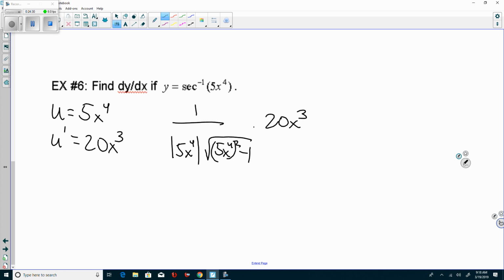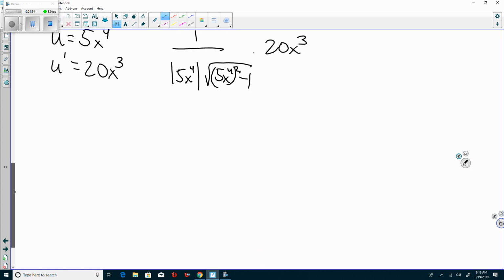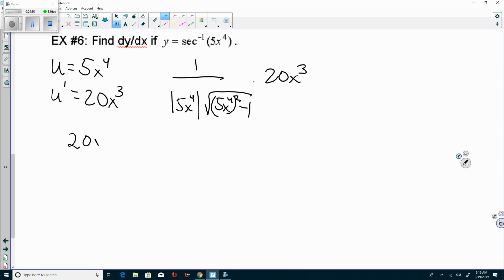So then this becomes 20x cubed all over 5x to the 4th times the square root of 25x to the 8th minus 1. Notice that I eliminated the absolute value. Why?